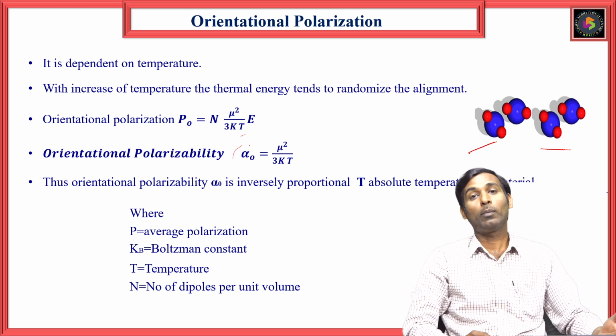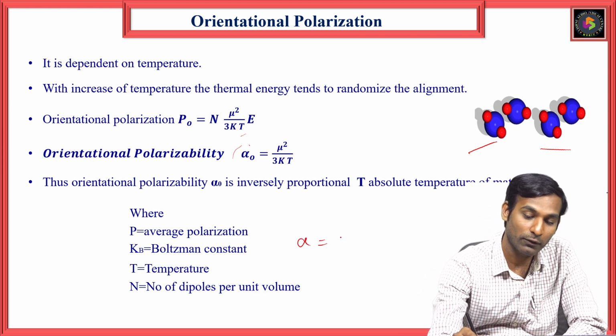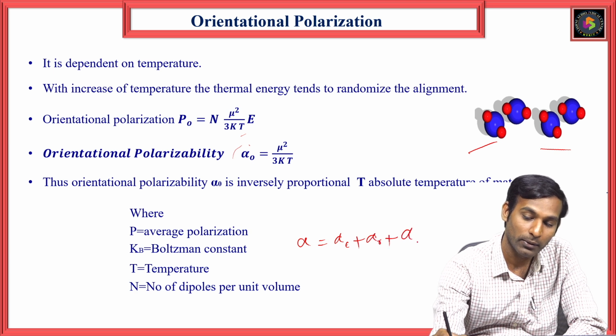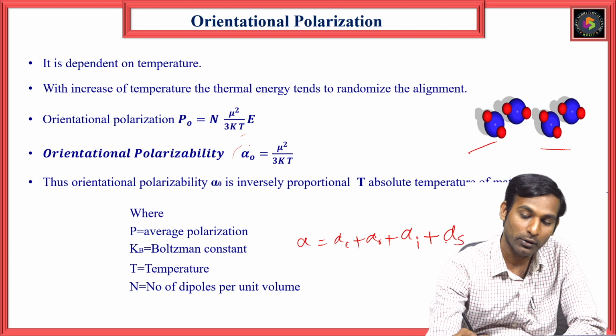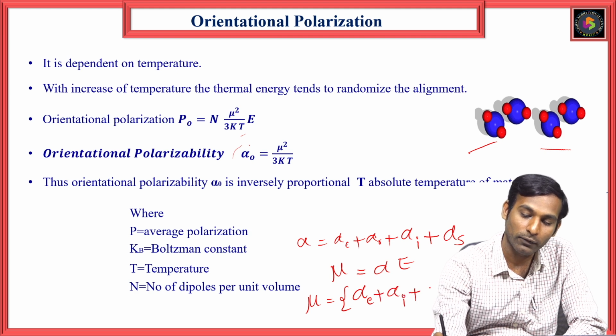So the total polarizability alpha can be calculated as alpha E plus alpha naught plus alpha I plus alpha S. The induced dipole moment mu is equal to alpha E. So alpha can be written as the summation of alpha E for electronic polarization, alpha I for ionic polarization, alpha naught for orientation polarization, and alpha S for space charge polarization, in an external electric field.